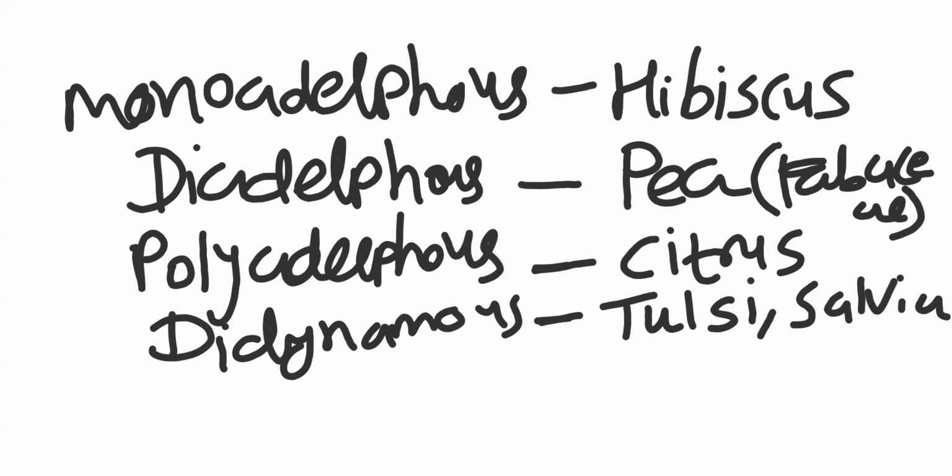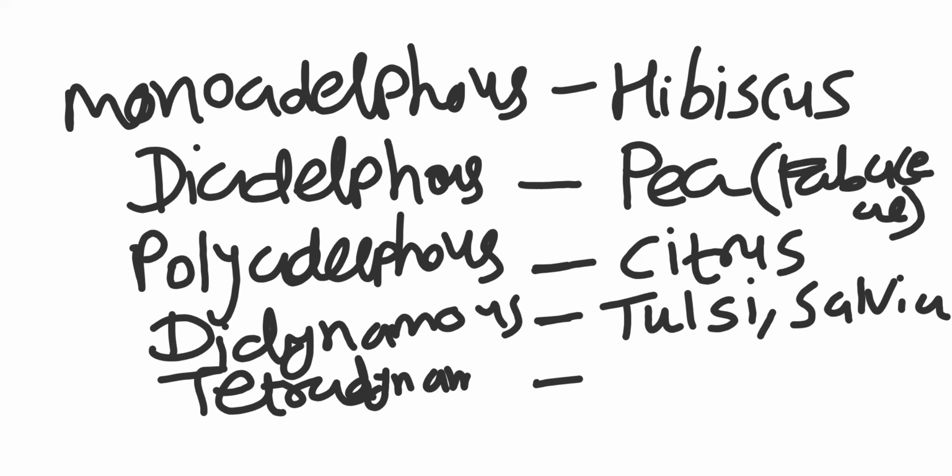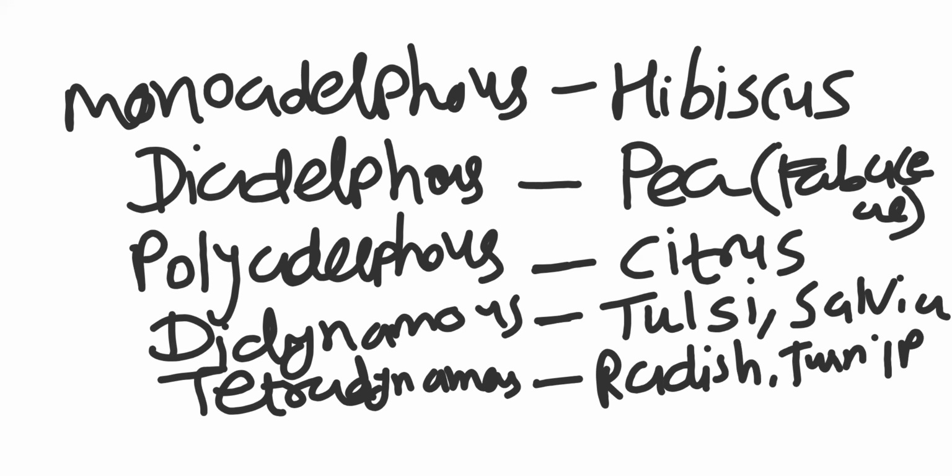Yes, correct. And then 4 plus 2 condition, then yes, tetradynamous. Tetradynamous. Example, radish, yes, turnip, mustard. All of you, clear this?